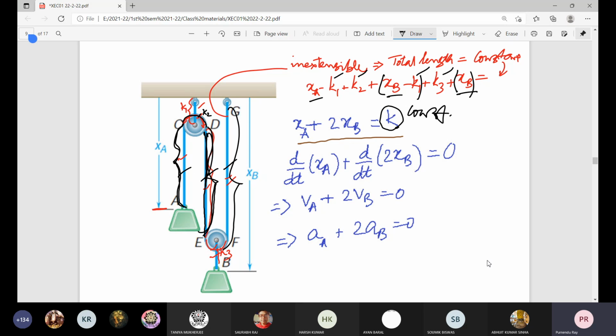You find the time derivative, this will be velocity of A plus twice VB, that is equal to 0. Another time derivative, you'll get acceleration of A plus twice acceleration of B, that is equal to 0.